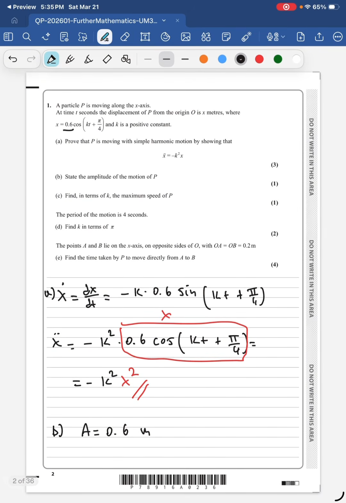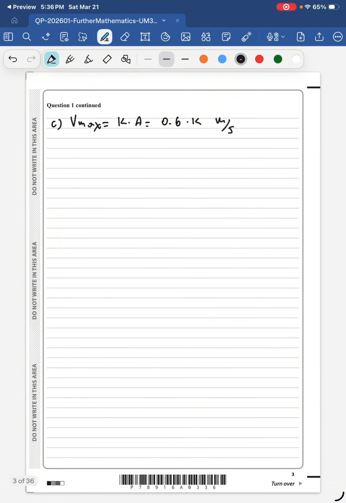D, the period of the motion is 4 seconds. They give you an additional piece of information, and they ask you to find k in terms of pi in question D. So let's do that.